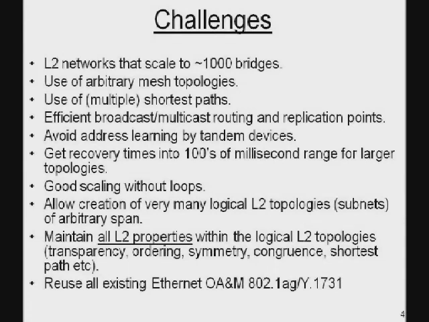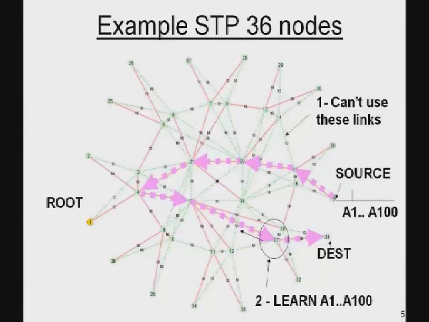We can't invalidate those. This is a simple little example STP network. I'm sure a lot of people are very familiar with some of these issues. Here's a 36-node network. You can see the green links are the physical links. The root of this tree is off there on the left, node 1, and the spanning tree is drawn there in those pinkish links. We can see immediately a couple of the problems with this.